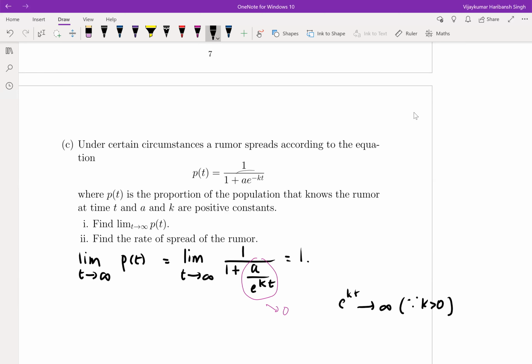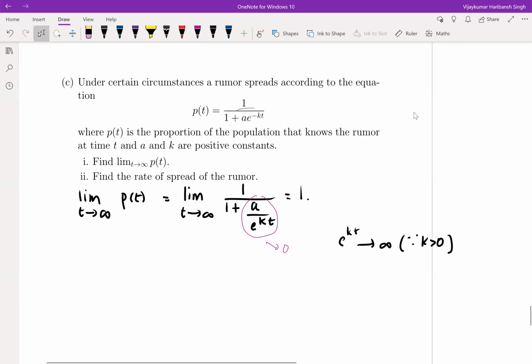Right. Now the next question is to find the rate of spread of the rumor. So in that case, you want to find P prime of t. First I will write P of t as 1 plus a e to the power minus kt, to the power minus 1.